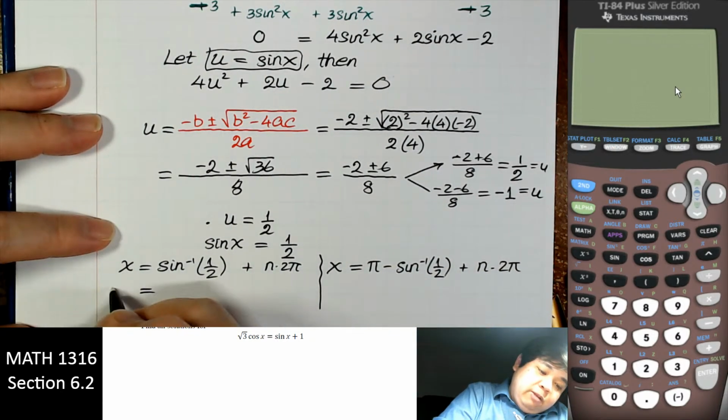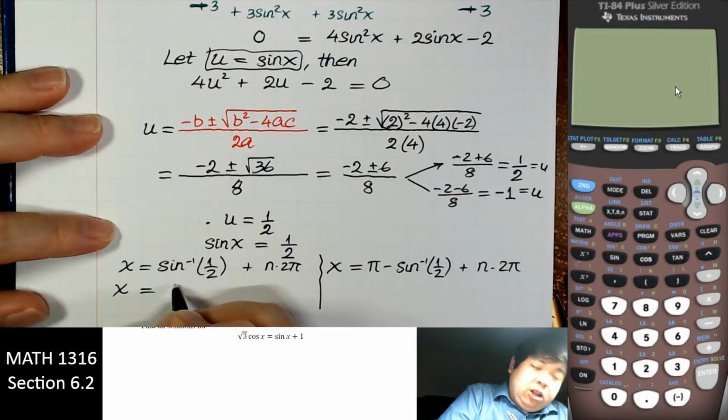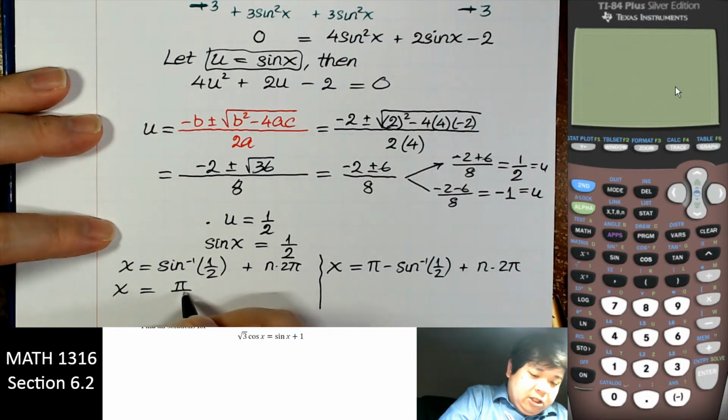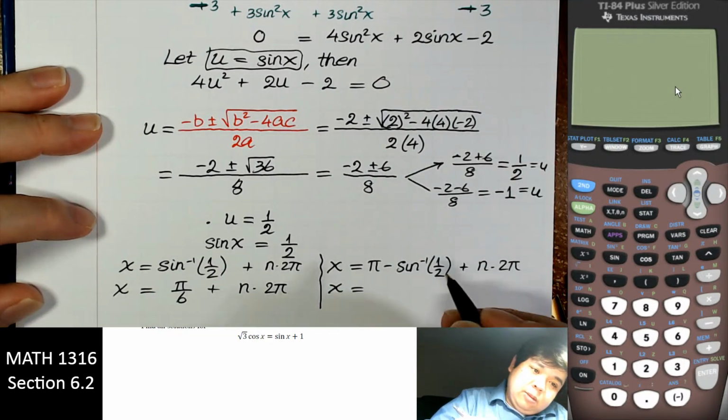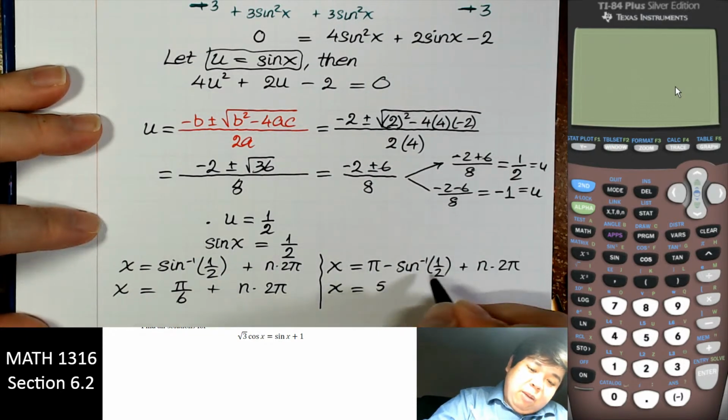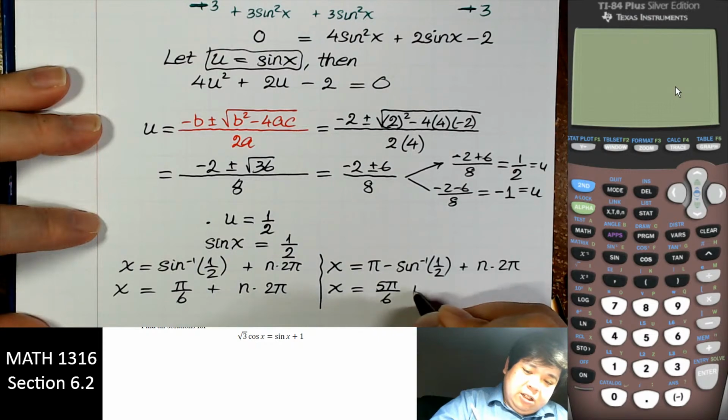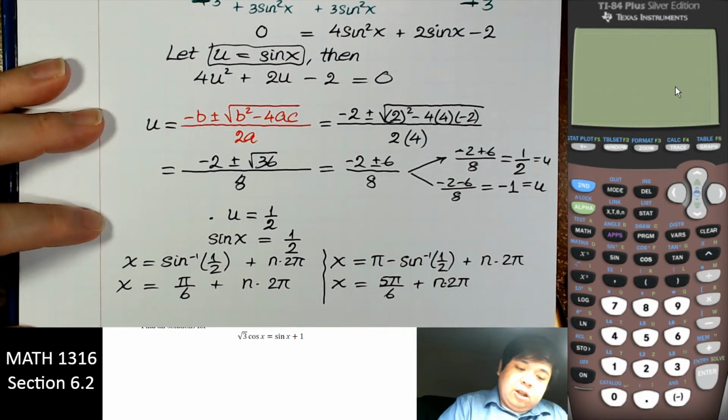Sine inverse of 1/2 is 30 degrees, or pi over 6. And pi minus that is 5 pi over 6.